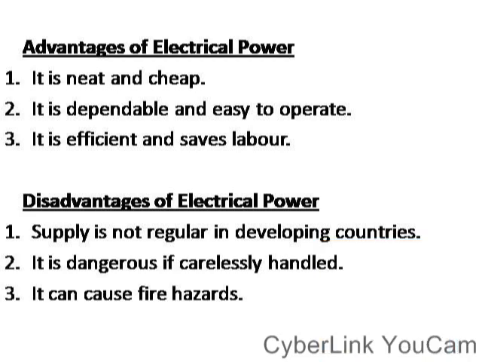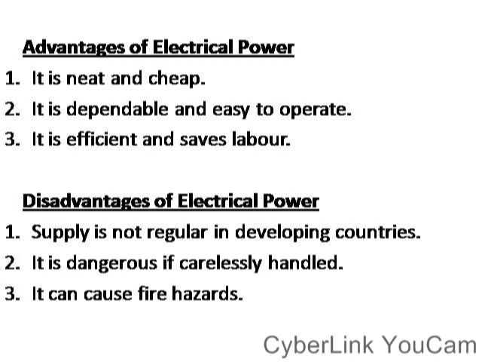one, supply is not regular in developing countries. For example, in Nigeria, electricity supply is not regular. It comes at unexpected time. It also goes out at unexpected time. So if this is employed in farm operations, it cannot be totally depended on.